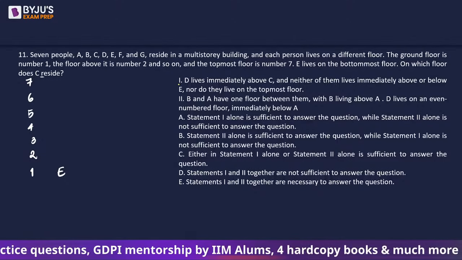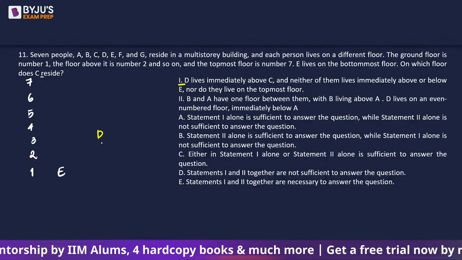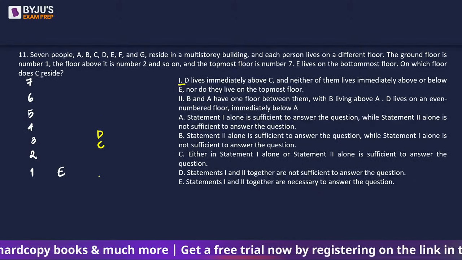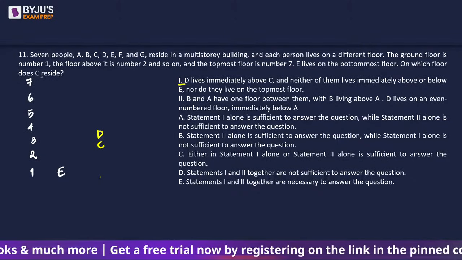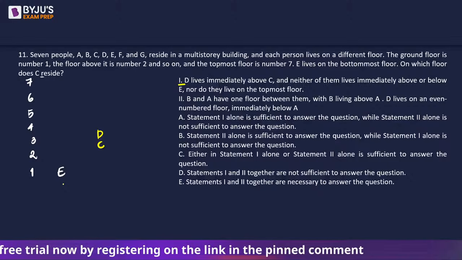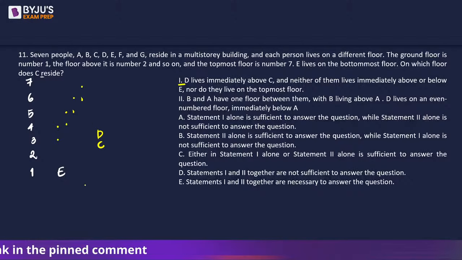So the first statement says D lives immediately above C. And neither of them lives immediately above or below E. Immediately above is not allowed, so below E is not possible either. So it could be here, it could be here, it could be here. So there are a lot of cases. Nor do they live on the topmost floor. So there are 3 possibilities where D and C can live, right?